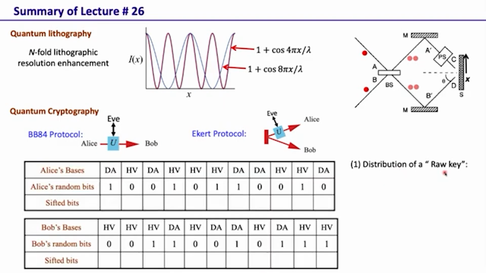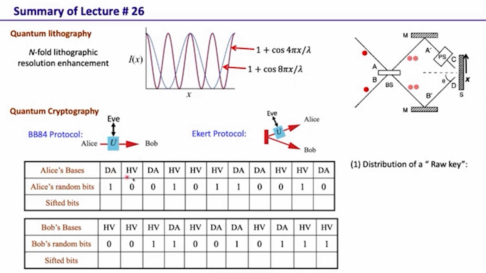So the distribution of a raw key in quantum cryptography, either in BB84 or the Ekert protocol, requires Alice to choose a basis randomly, either between horizontal-vertical or diagonal-anti-diagonal. In BB84, Alice will choose a basis and send the photon in that basis. In the Ekert protocol, Alice will make a measurement by deciding either HV or DA as the measurement basis.